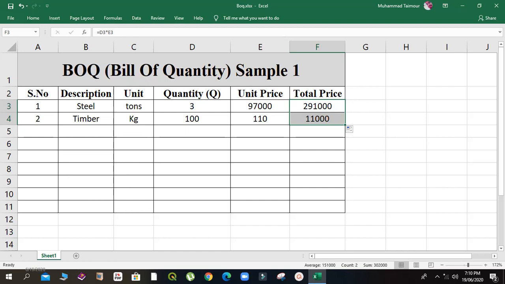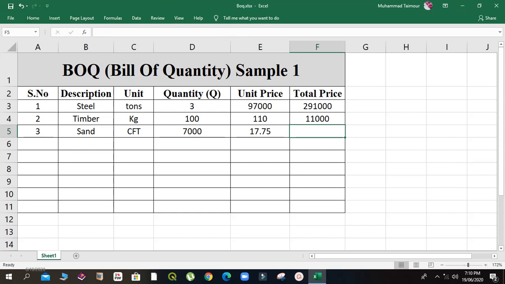On third number I will write sand, and for sand the unit is CFT, cubic feet, and 7,000 cubic feet is the quantity, and the unit price of 1 cubic foot of sand is 17.75.